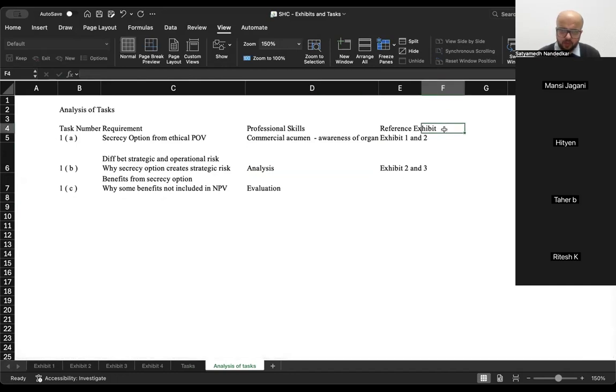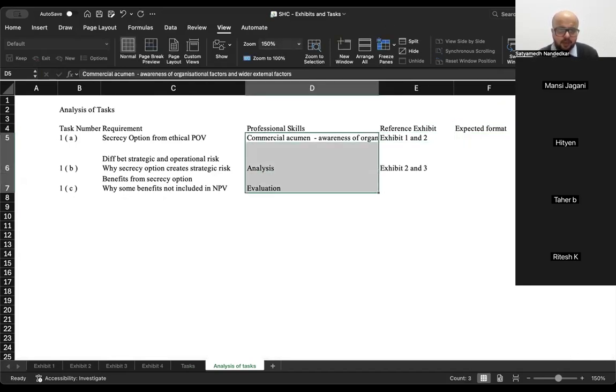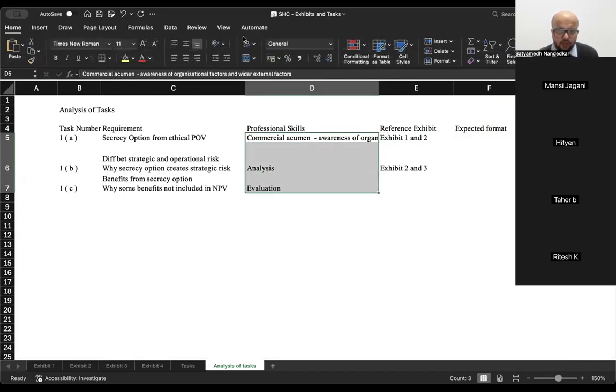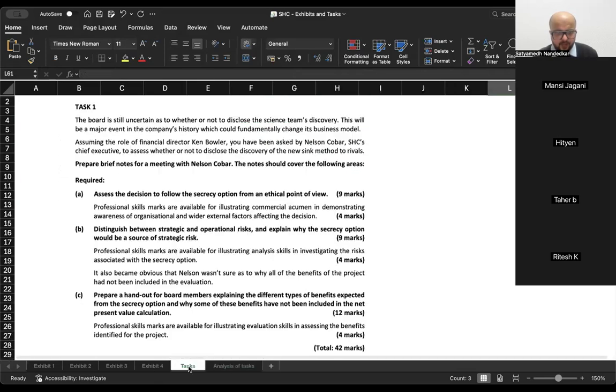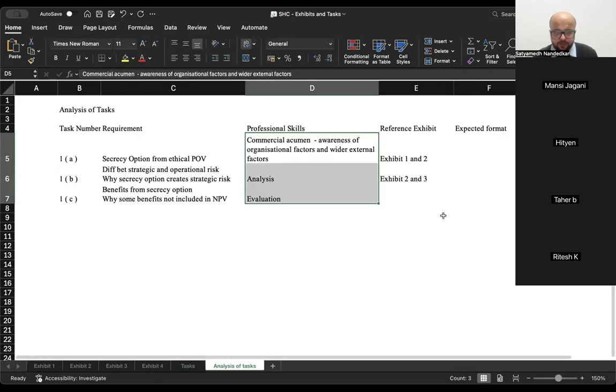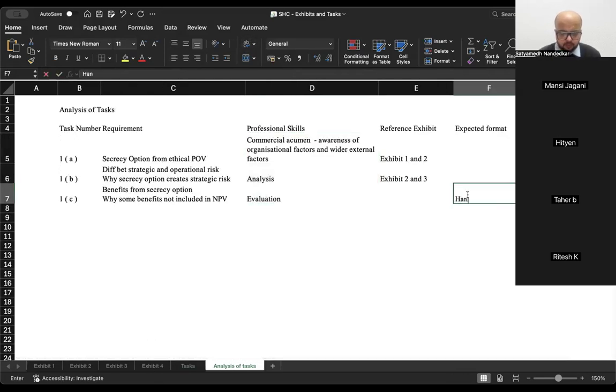You should also make a separate column for expected format. Now you have to look at this data and tell me if there is a specific format that is given. Like in this one, they have said prepare a handout. Handout.